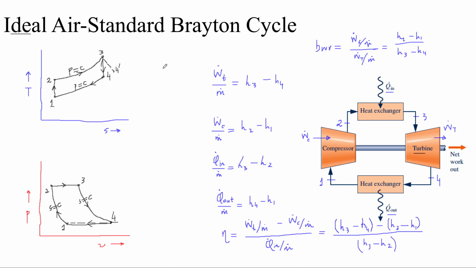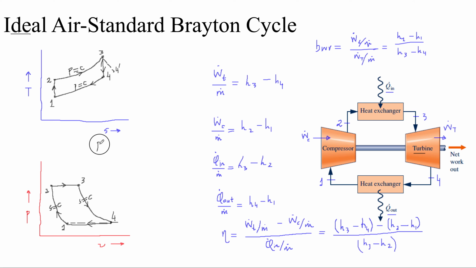Another thing that I already talked about is that we are looking at the ideal air standard Brayton cycle, and we made the assumption for this that we would be using the air data table, table A22 from Shapiro's book. Because of that assumption, we use a ratio of pressures.